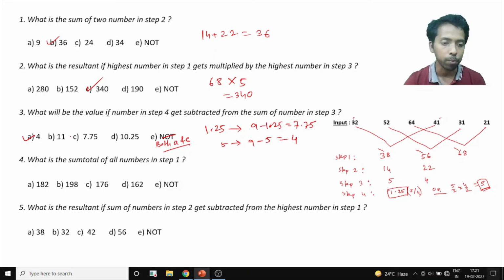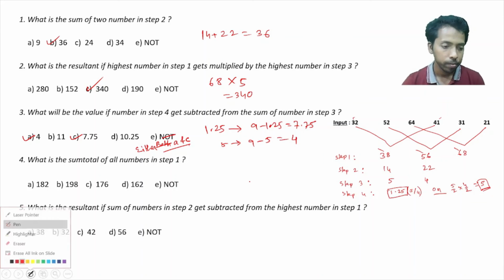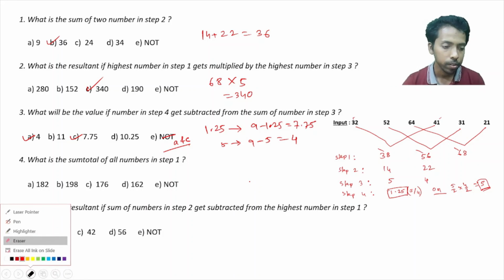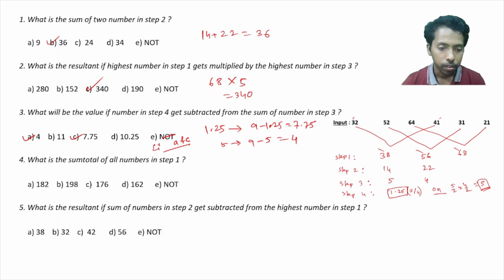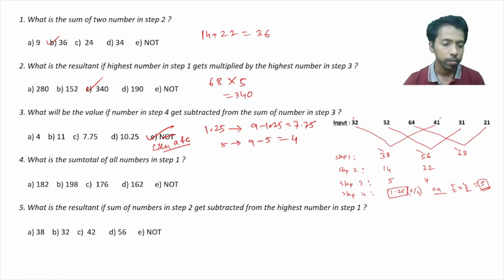So 4 and 7.75, either, not both, but either, right? I am just again fixing it to make it clear to you. Either A or C. So answer option E, right? 7.75 or 4. Both at a time can't be possible, so either A or C.